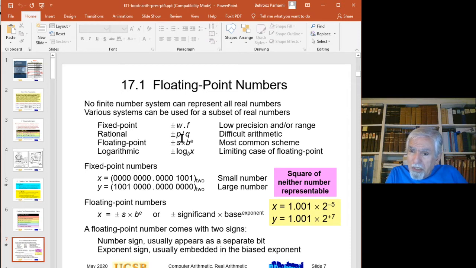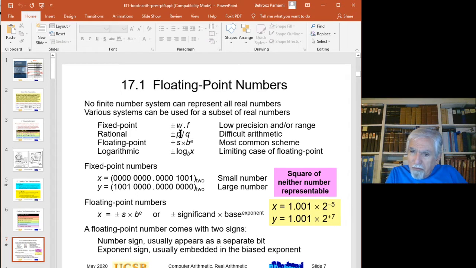Rational representations basically use 2 integers, p and q, to represent the ratio p over q. So some real numbers, such as 1/3, will have exact representations in this format. So p=1, q=3 represents 1/3. So some rational numbers can have exact representations.